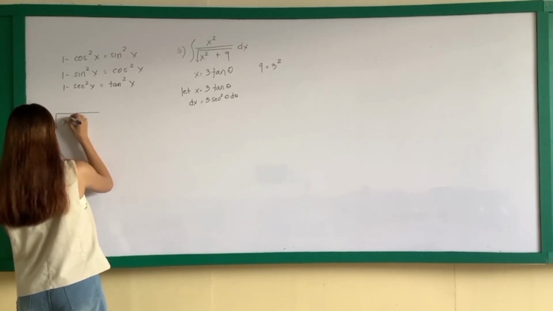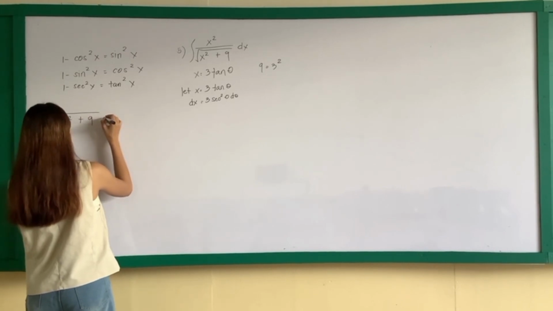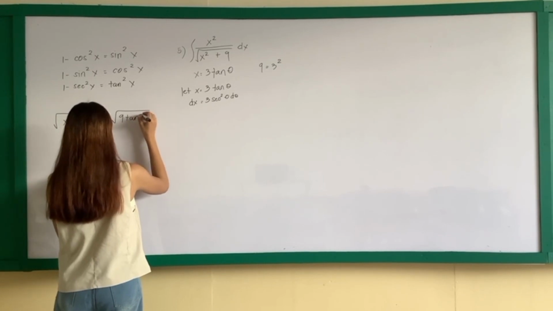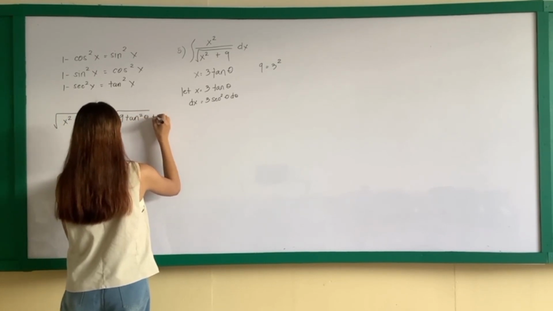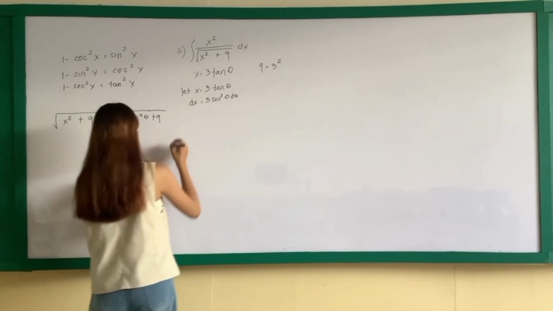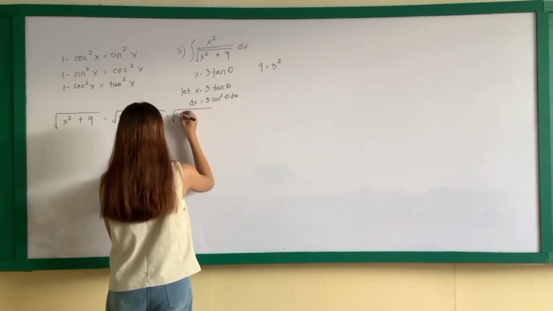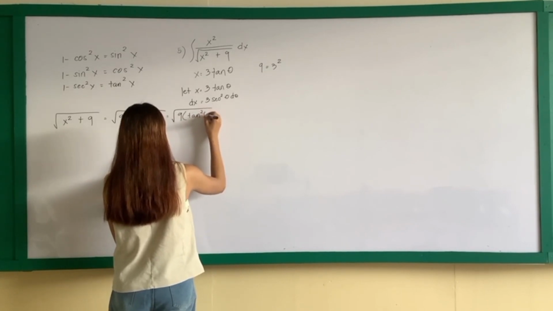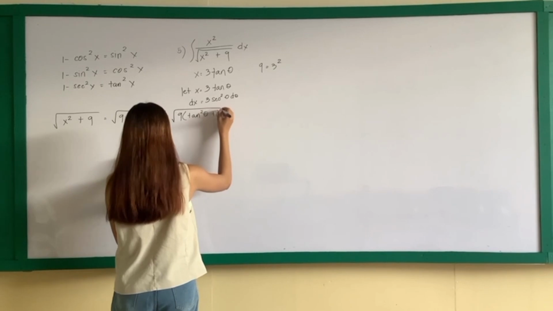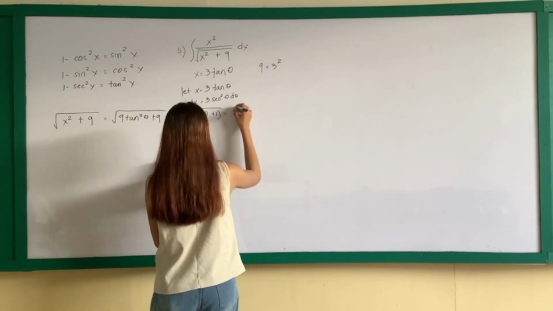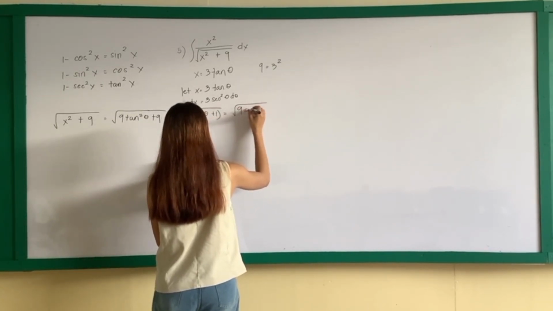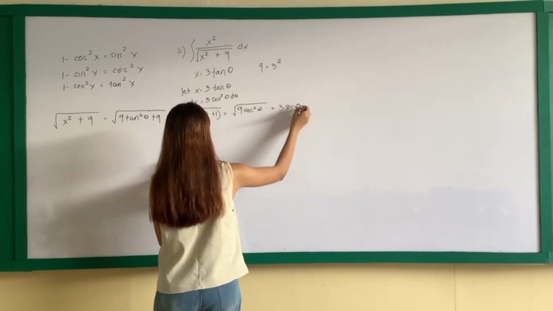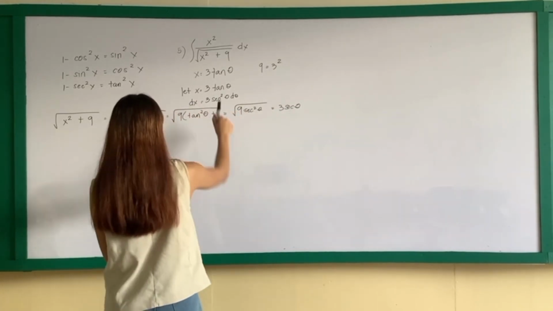The square root of x squared plus 9 is equal to the square root of 9 tan squared theta plus 9, equals the square root of 9 times the quantity tan squared theta plus 1, equals the square root of 9 secant squared theta, equals 3 secant theta.